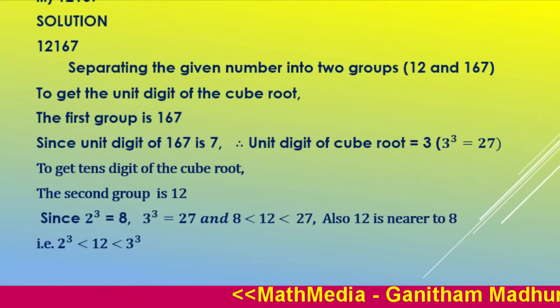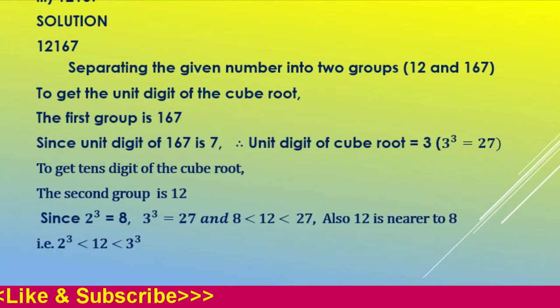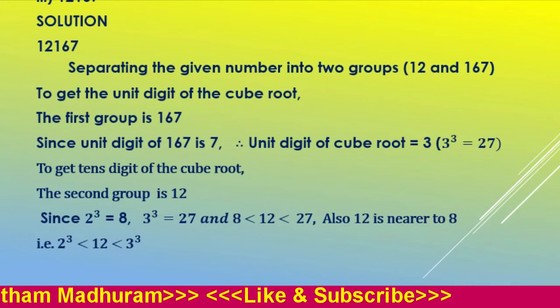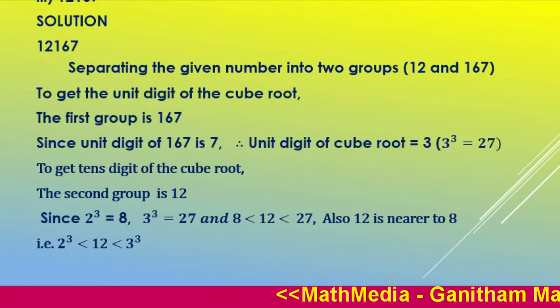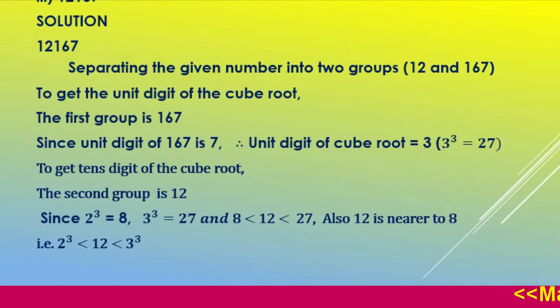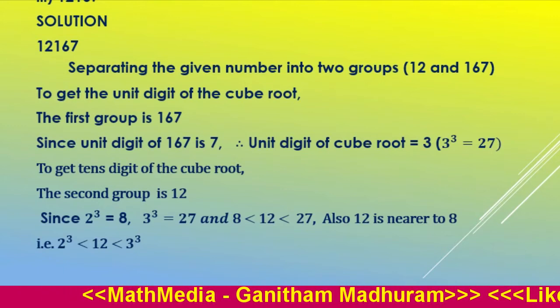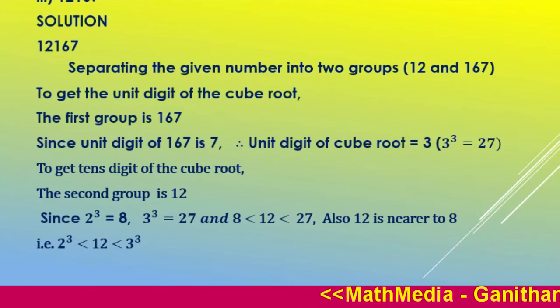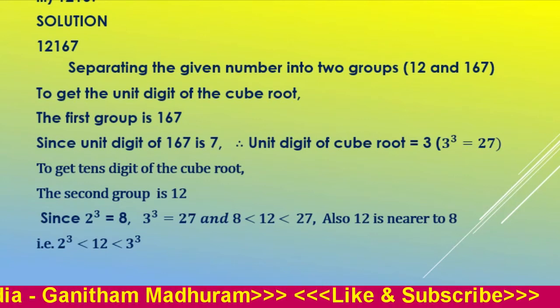Next step, we have to find out, of these two perfect cubes, 2 cubed and 3 cubed, which one our number 12 is nearer to. As we know, 12 minus 8 is 4, and 27 minus 12 equals 15. That means 12 is nearer to 8.